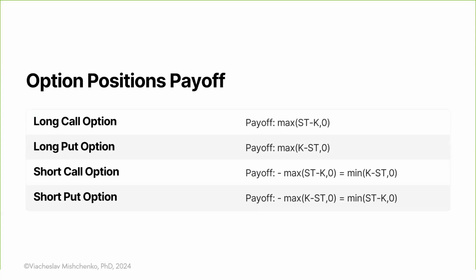For example, for a long call, the payoff is the maximum between spot price minus strike price and zero. And a long put payoff is usually the maximum between strike price minus spot price and zero.